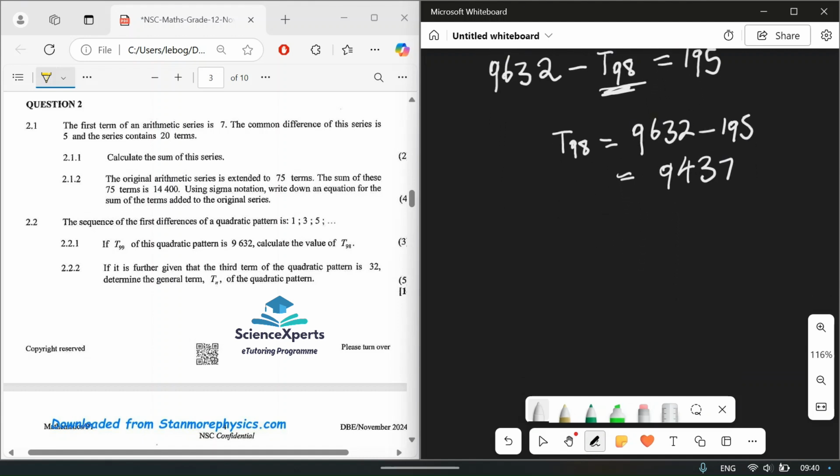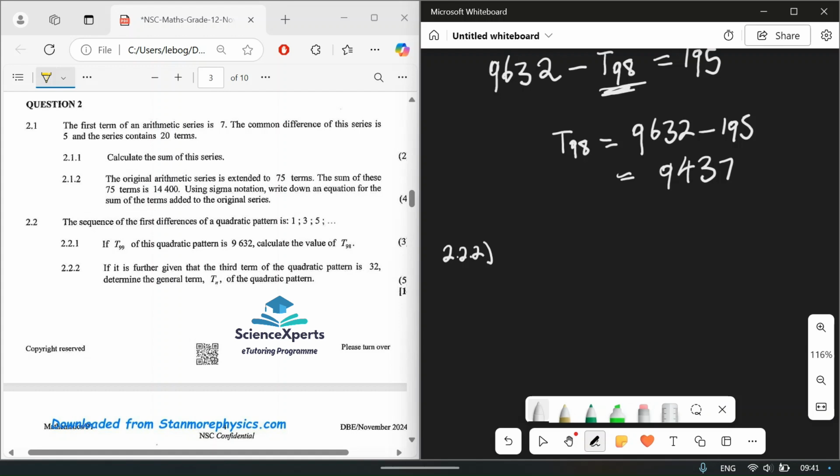Now let's move on to 2.2.2. If it is further given that the third term of the quadratic pattern is 32, determine the general term of the quadratic pattern. They give us the third term, so we need to express it in terms of the letters a, b, and c.